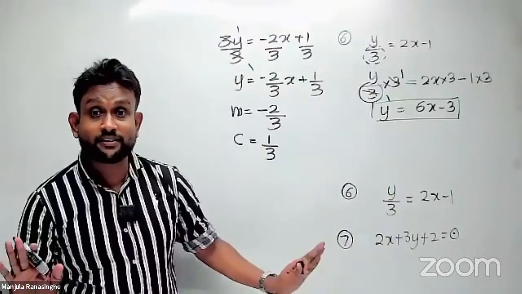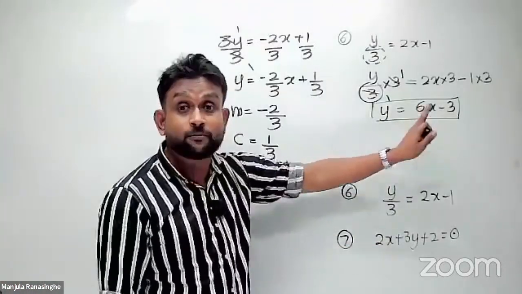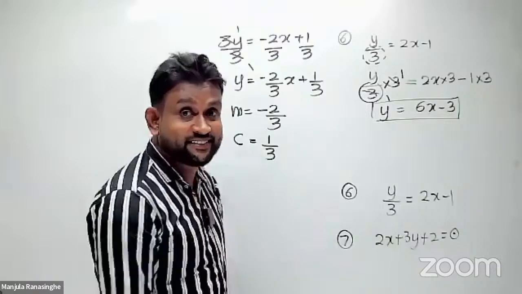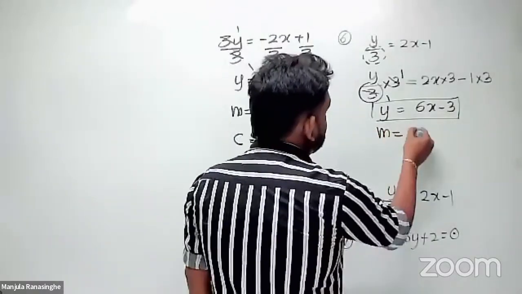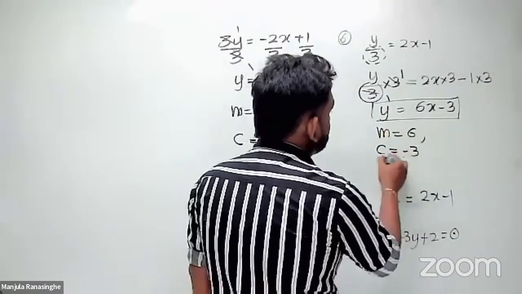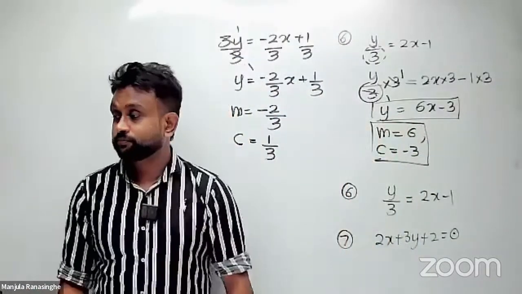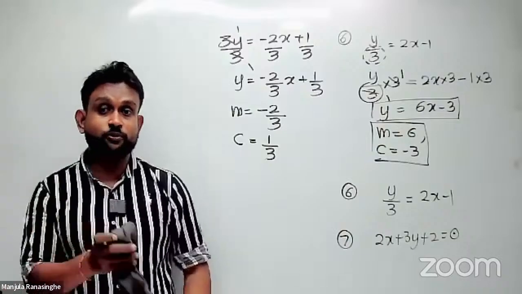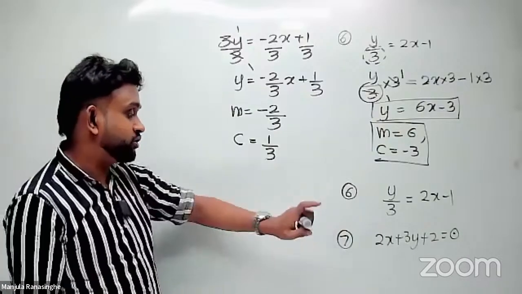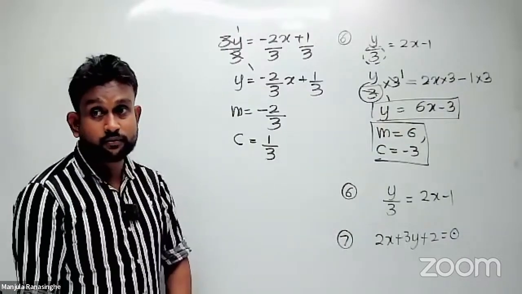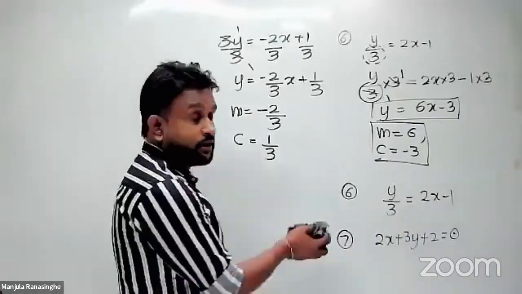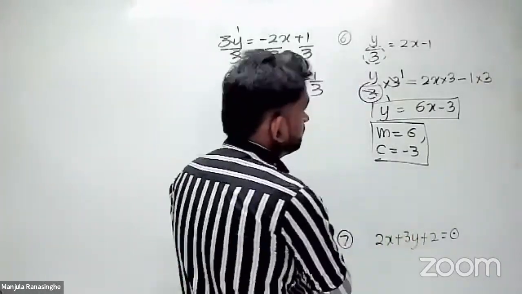Now you can find the gradient, the x coefficient, since y is the subject. So m equals 6 and c equals negative 3. So this is the answer. Okay, hands up those who got the answer for the sixth question. Okay, well done.